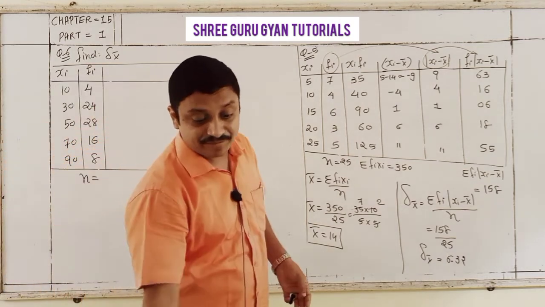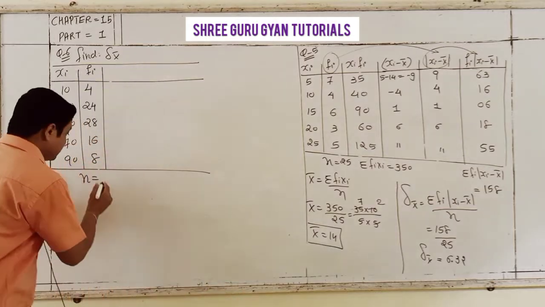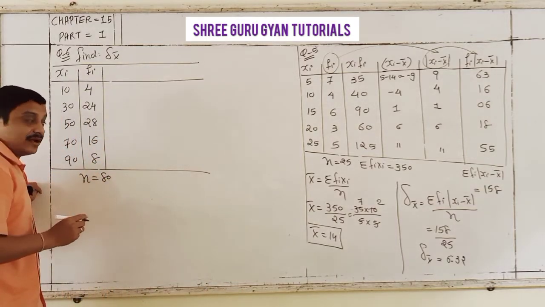First of all add the total, and you get the total addition 80.